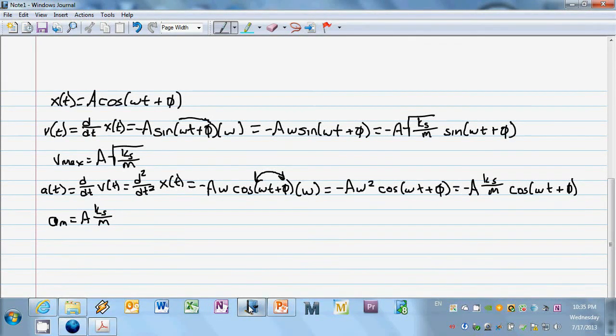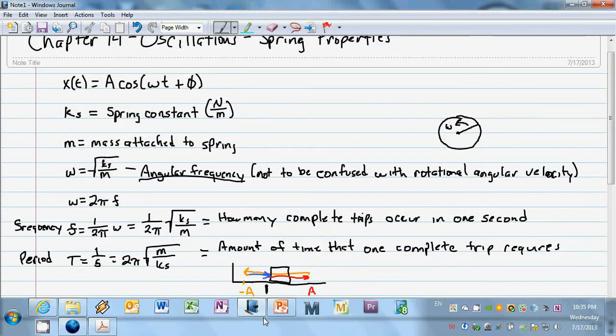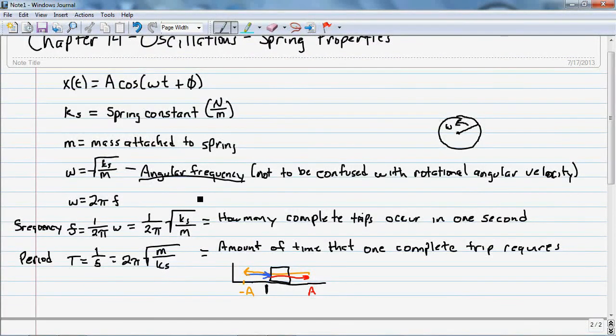So the amplitude could be shorter, longer. It doesn't really matter. The only thing that we need to change the frequency is the mass and the constant of the spring.